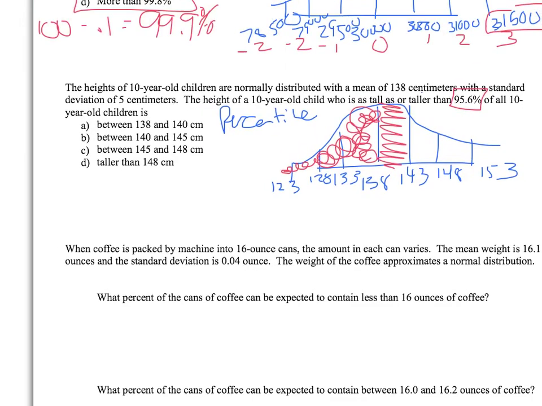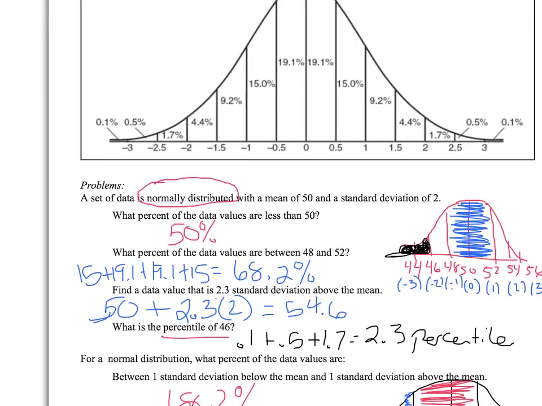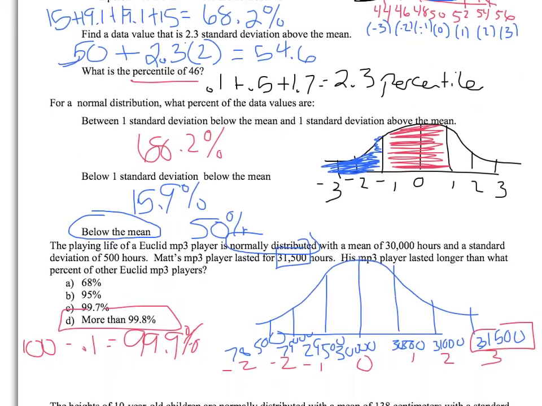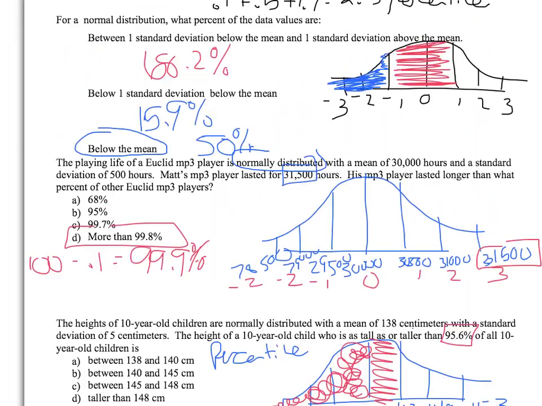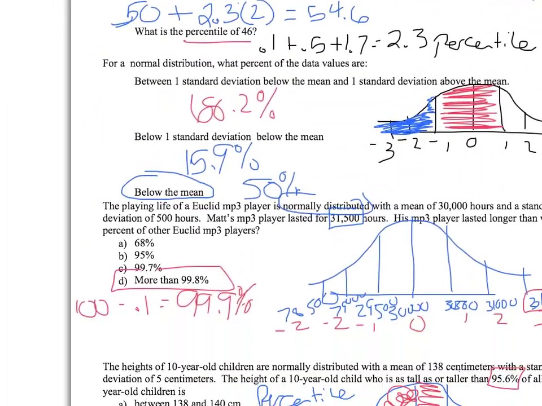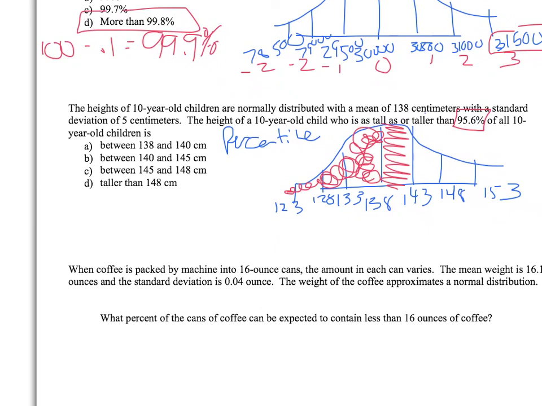Now to get to the 2, I would have to add 9.2 and then 4.4. So 84.1 plus 9.2 is 93.3, plus 4.4 is 97.7.